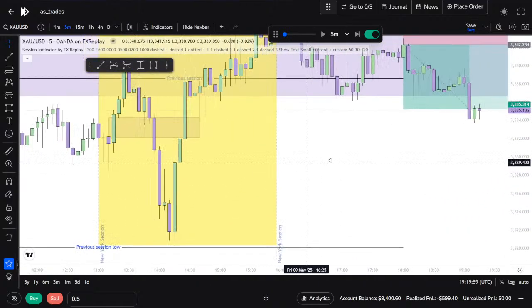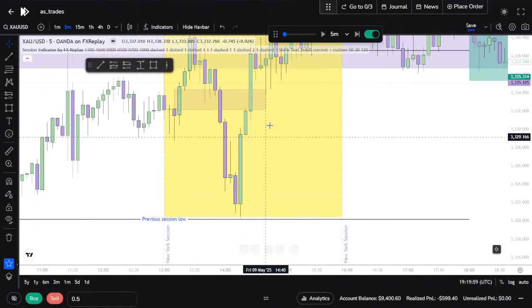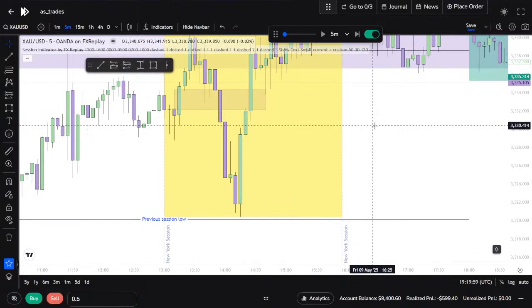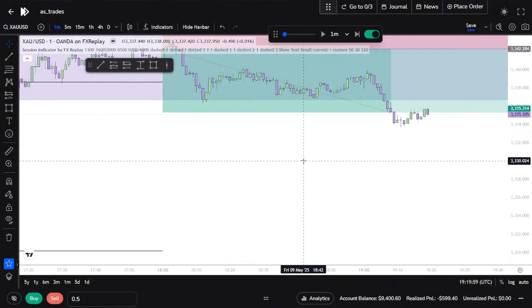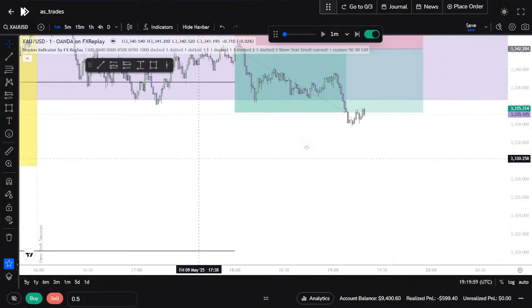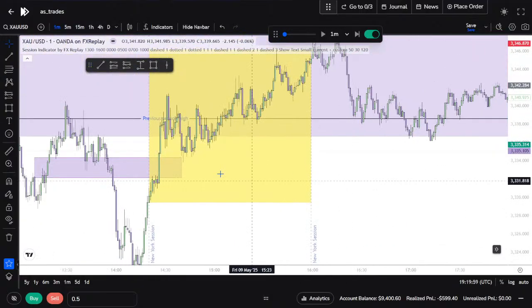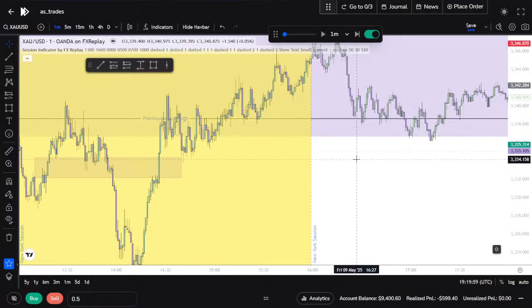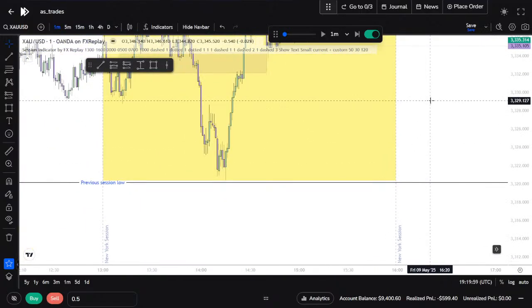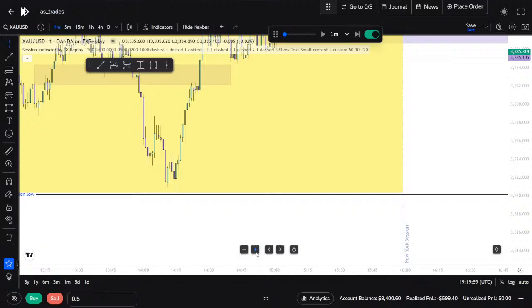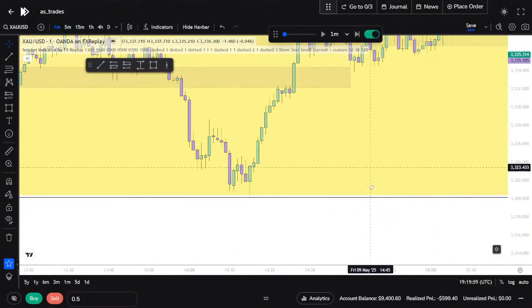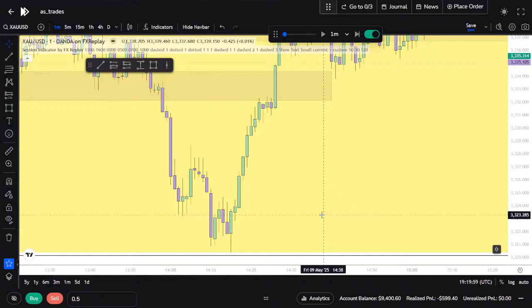Then price showed a bounce off here, so there was a reversal. Let's see if we can see something in 1 minute. Here, yeah. 1 minute fair value gap here, price respects the fair value gap.